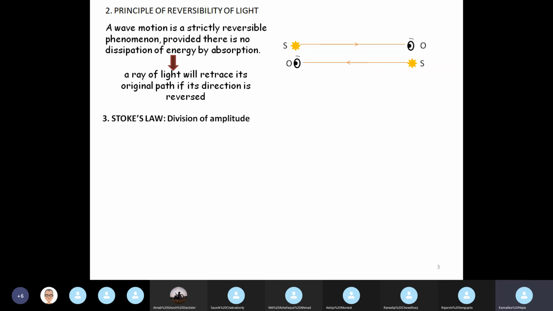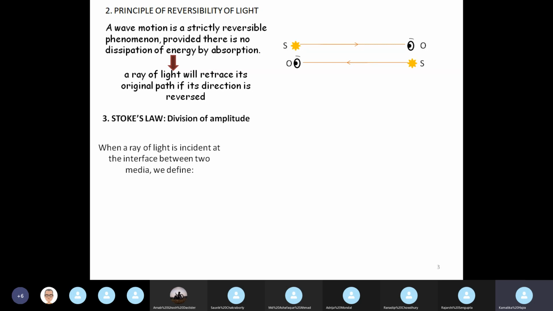Same Stokes who gave us Stokes theorem in vector analysis, but now the law is for optics. Now what is Stokes law? I can't state Stokes law directly because it won't make sense. So I'll just tell you a few more things before we finally arrive at what exactly Stokes law is trying to tell us.